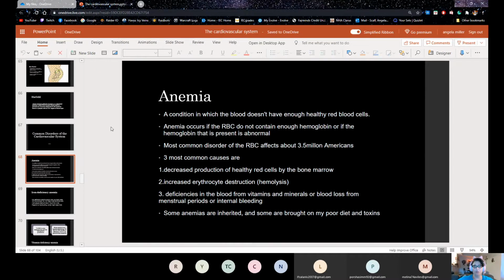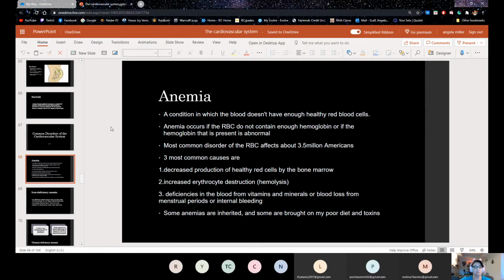What would you write down if you didn't know the definition? It's the condition where your blood doesn't have enough healthy red blood cells. So if you wanted to summarize that, remember getting easy with the notes is blood downwards, the arrow decreased RBCs.